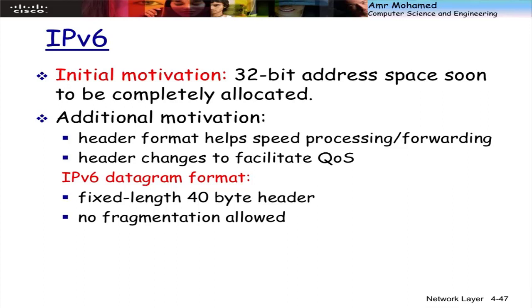Let's try to simplify the header, because the header will have to get bigger anyway because of the big IP address space, right? So the header is going to be very big. So let's see which of the fields in IP version 4 were not really used or were not really making a big difference.